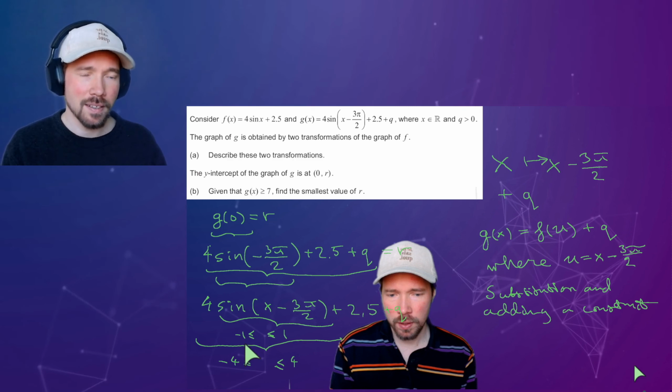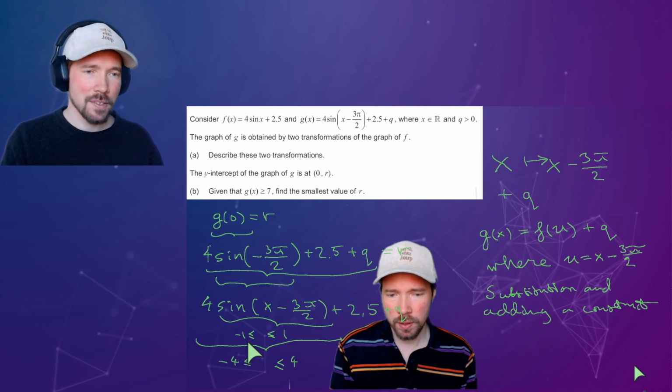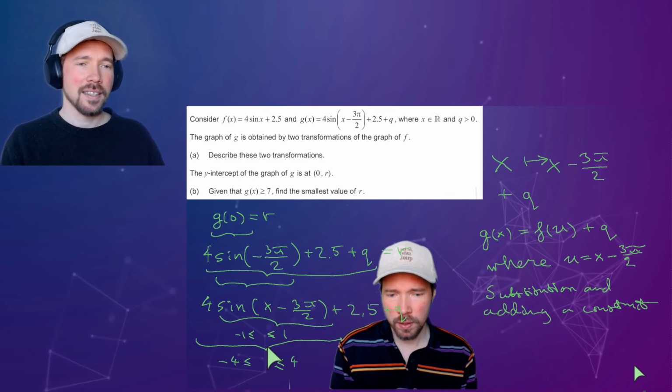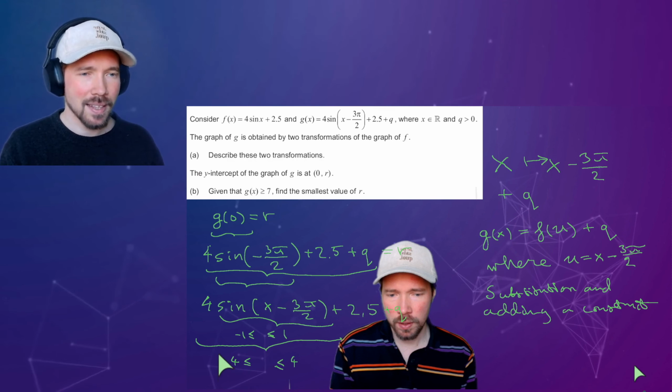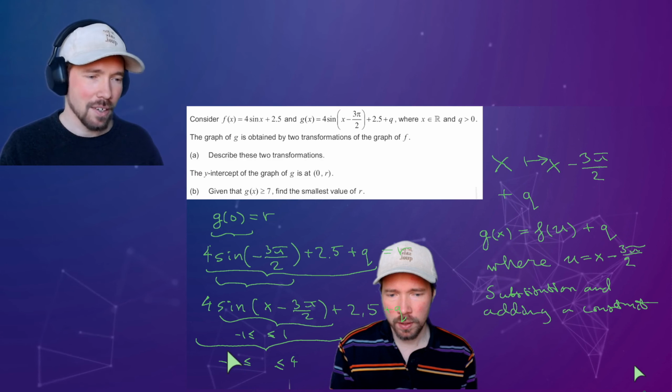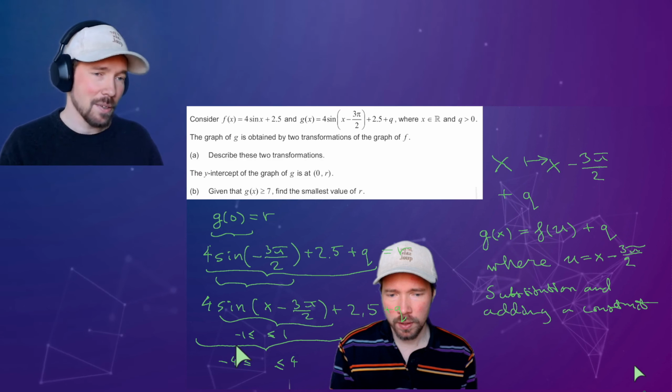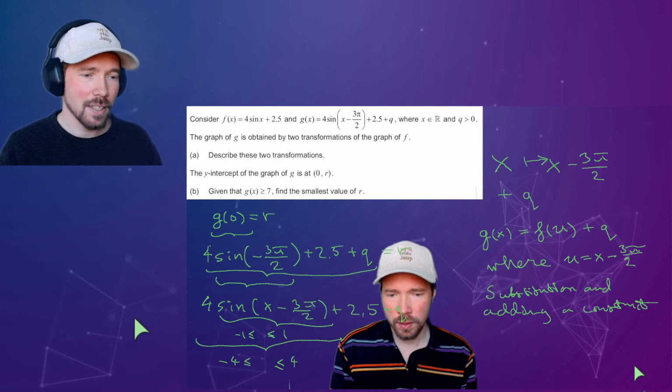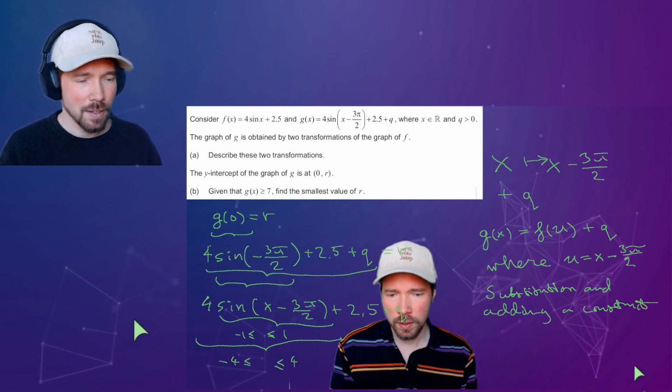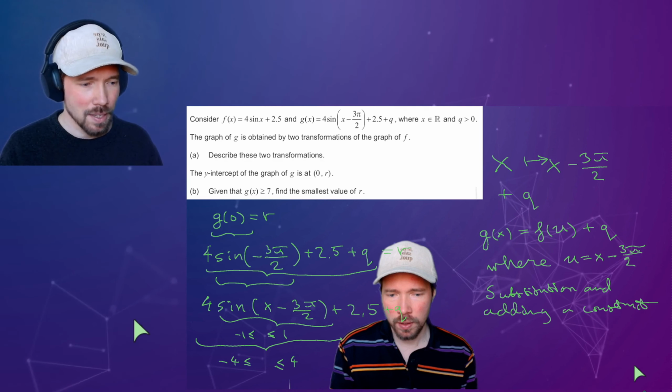I know there's time pressure in IB papers, so it's not always feasible to write all the details, but that's when the mistakes happen, when I'm not doing the stuff explicitly. Okay, well, let's look at what is happening here.